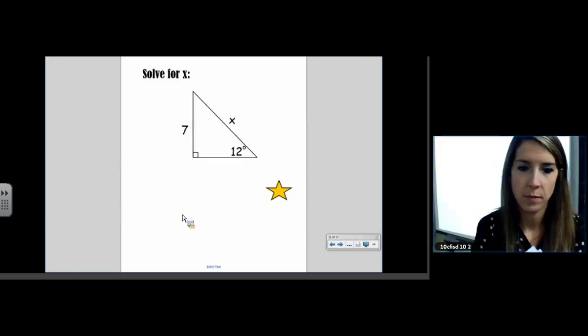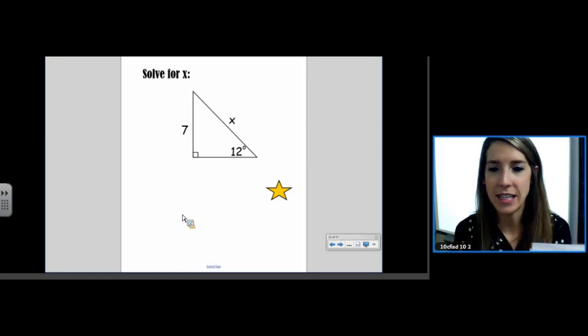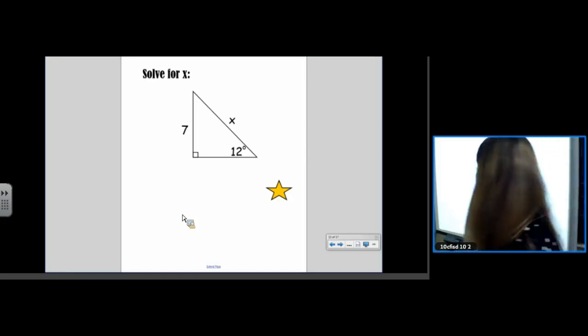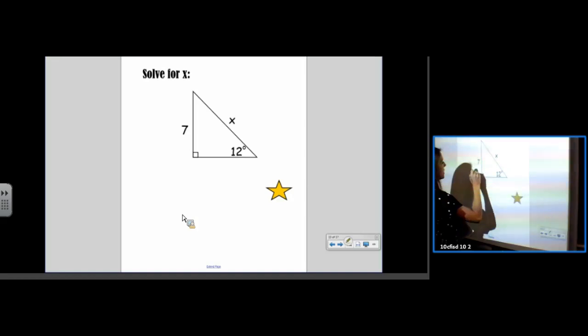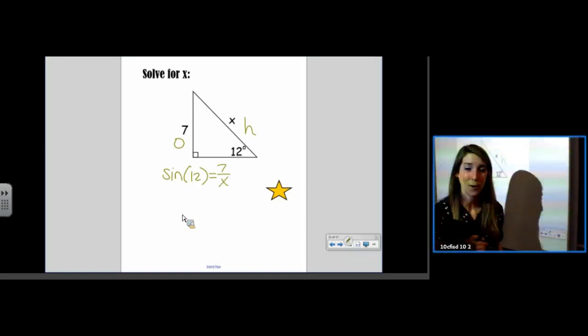This, of course, is a triangle that's not special. It's not 30, 60, 90. It's not 45, 45, 90. So we need to use trigonometry. We've got opposite and hypotenuse. So our formula chart says to pick sine. Please use your formula chart on the TEKS test. It has the proportions on there.